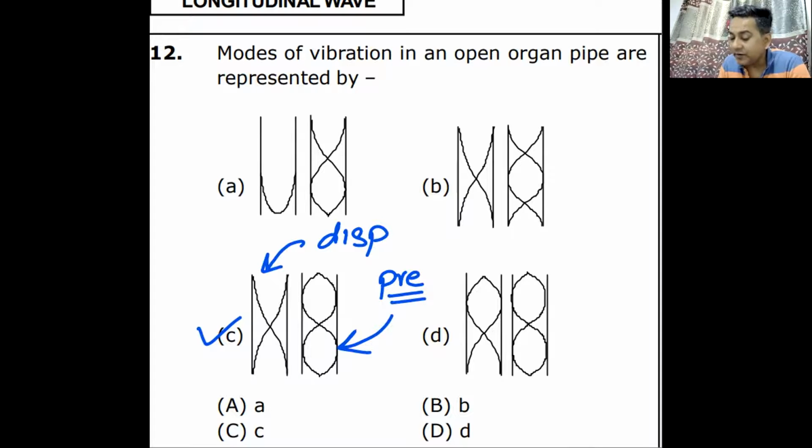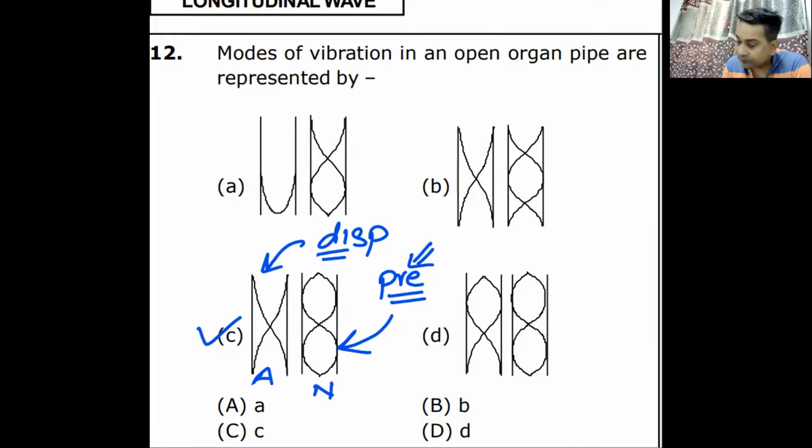In displacement, we have antinodes at the open end, but in pressure, we have nodes at the open end. Do we understand this? So remember, if the diagram is given like this, one diagram will be for displacement and the other diagram might be for pressure.